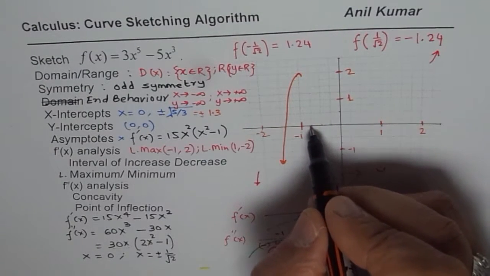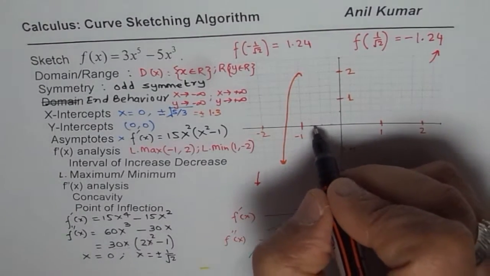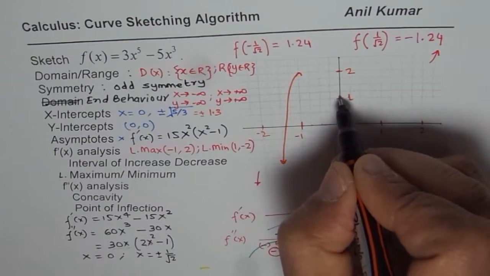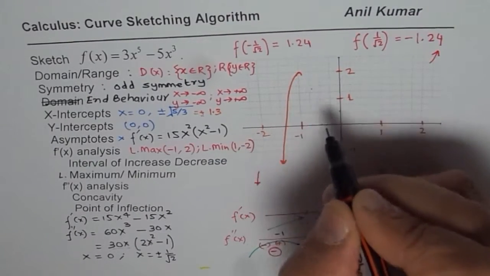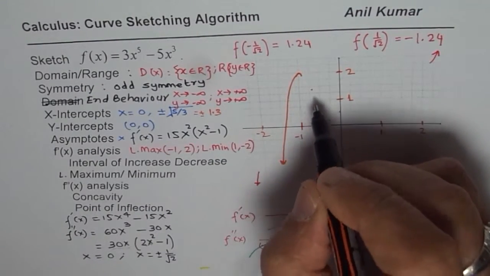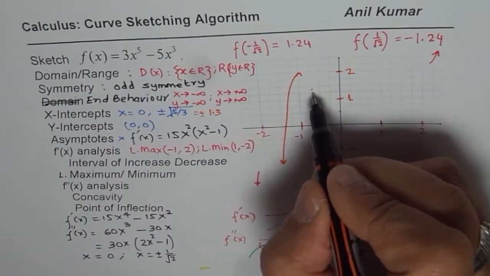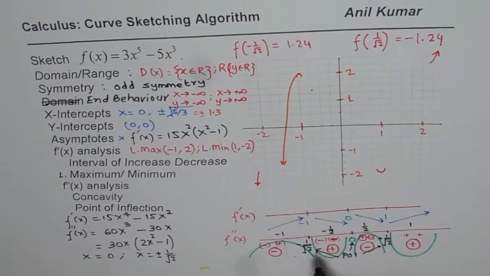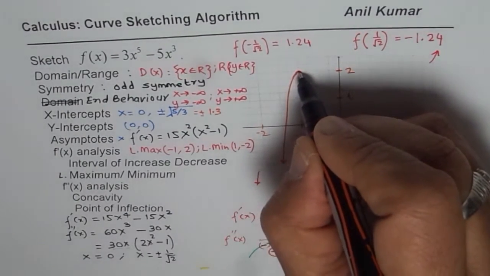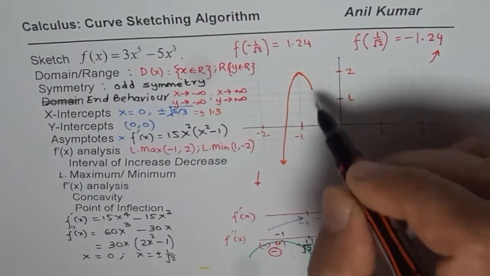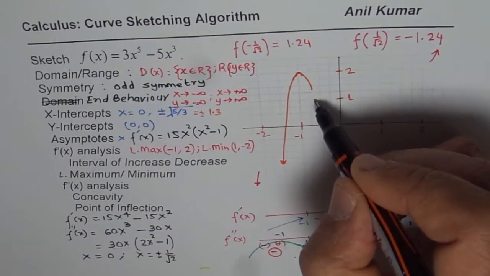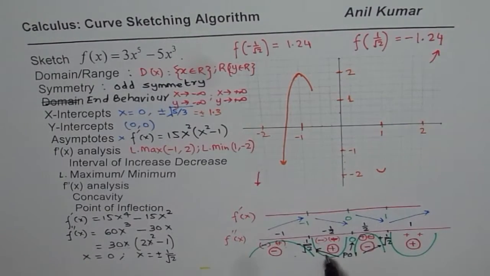So 0.7, this is 0.8 for us. So somewhere here, we have a point of inflection. Now since it is a point of inflection, the concavity will change. So during this time we have a concave down graph, right? But from here we'll change it to concave up as shown here. That is very important to understand, right?